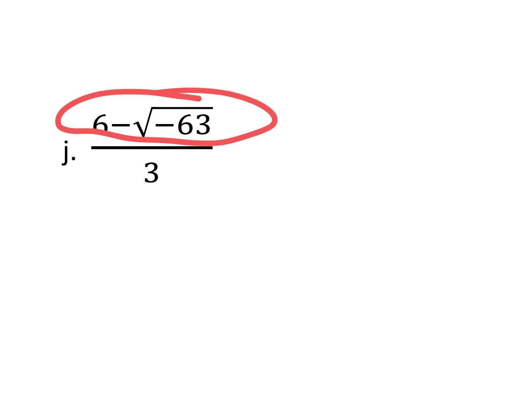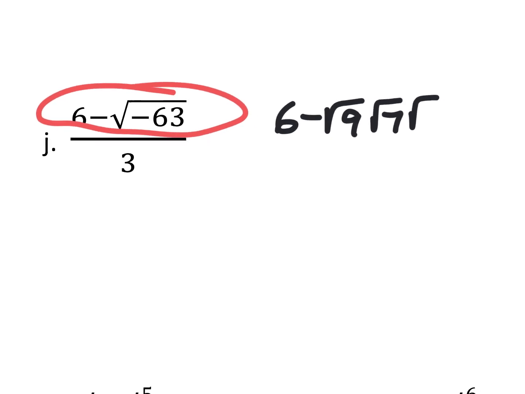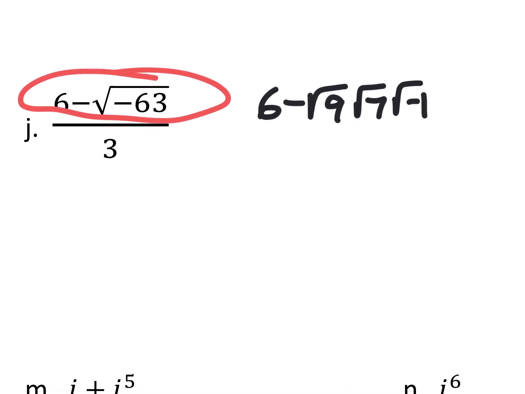Now, if you actually do it, the square root of 63 breaks up into 2 parts. If you missed it, it's 9 times 7. Why are you breaking up the negative 1 under its own separate root?